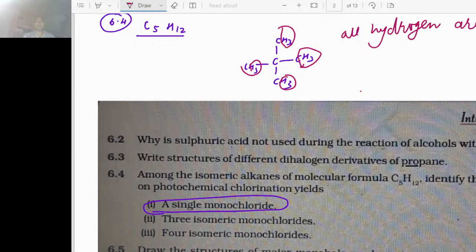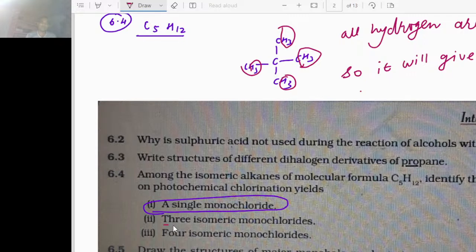So since all the hydrogens are identical, it will give a single monochloride, right? So this is the first one.